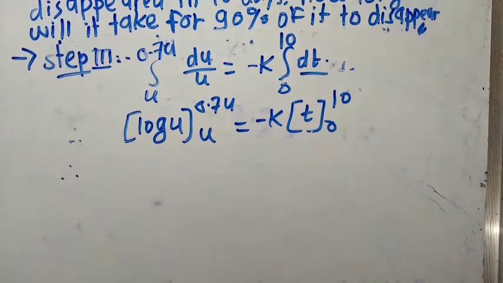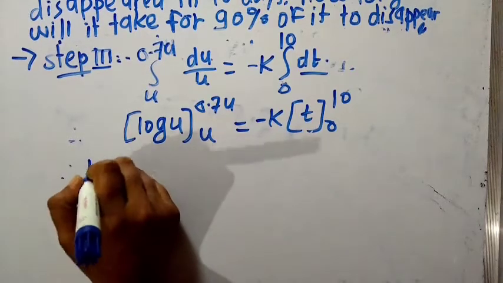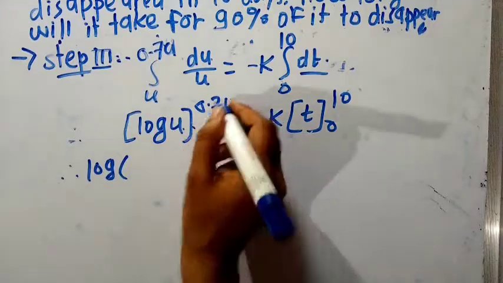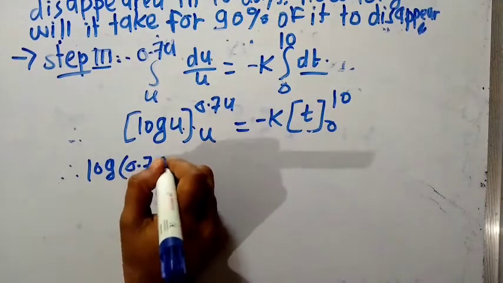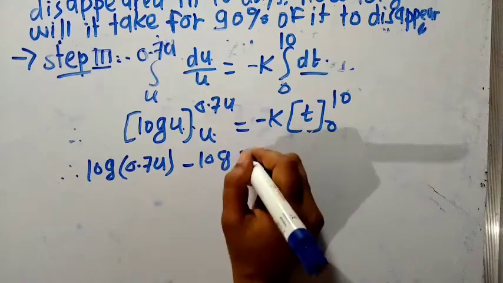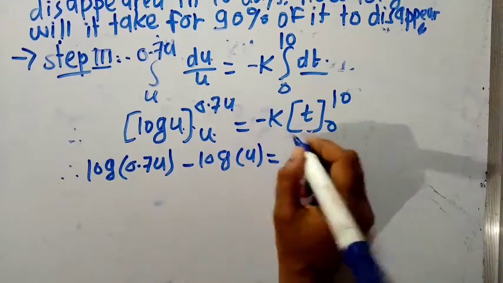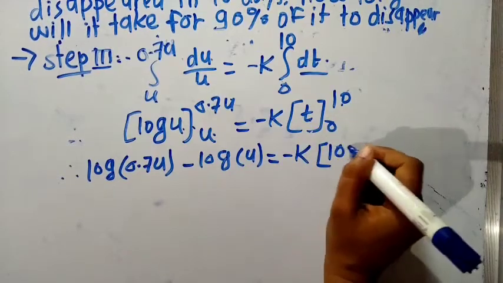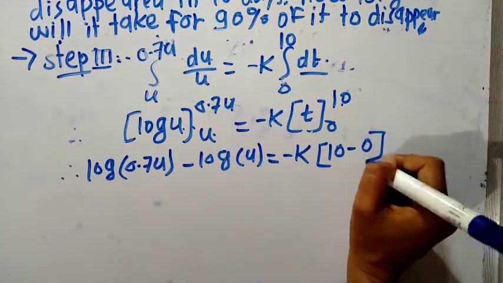Substitute this value: first the upper limit, find the definite integral: log 0.7 u minus log u is equal to minus k into 10 minus 0.